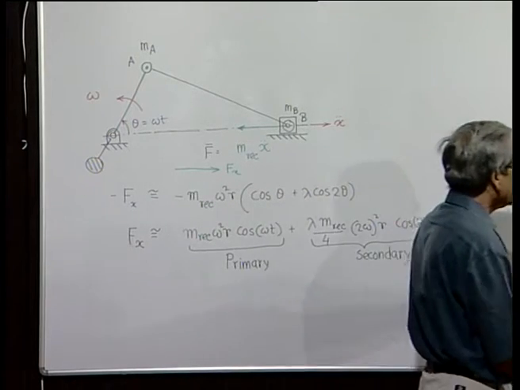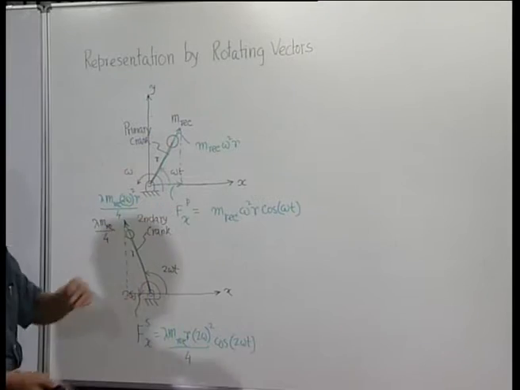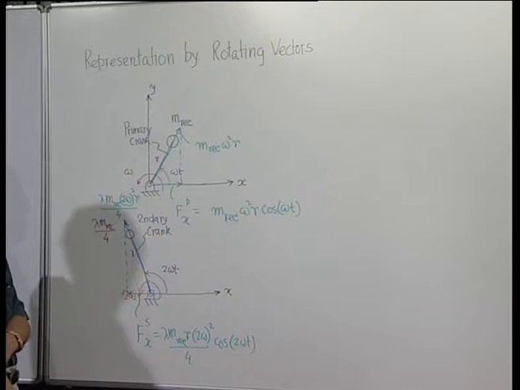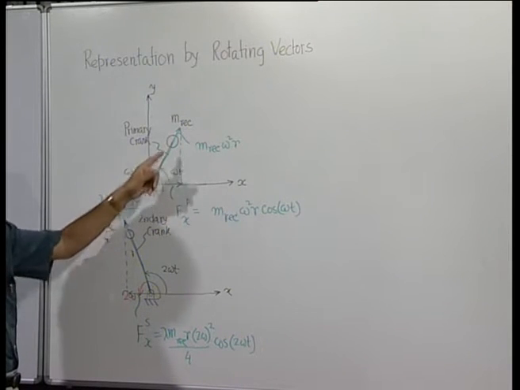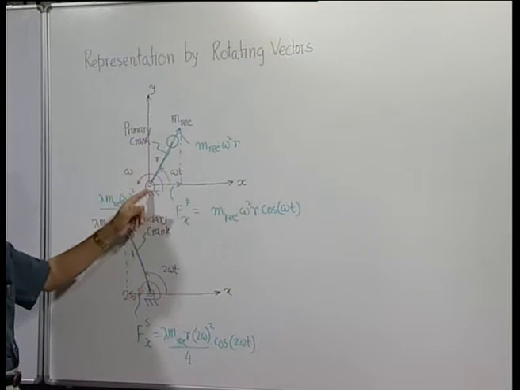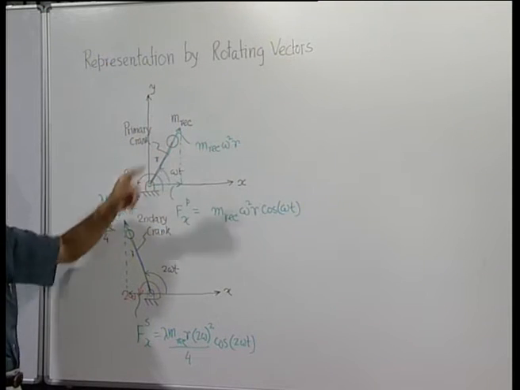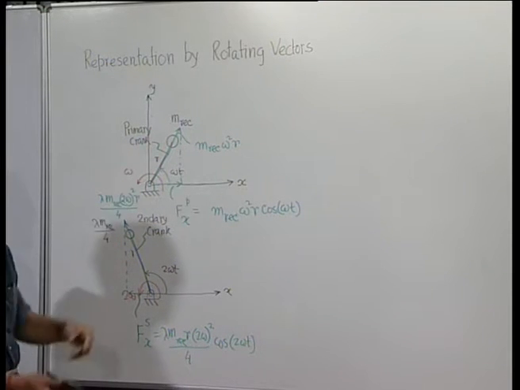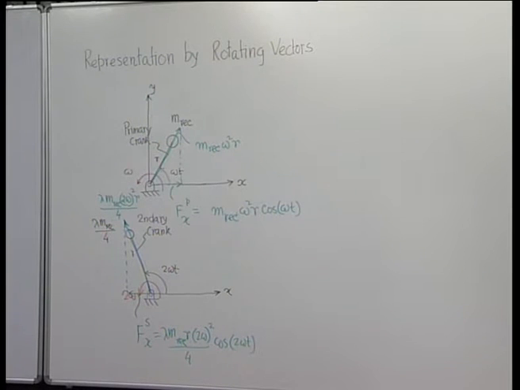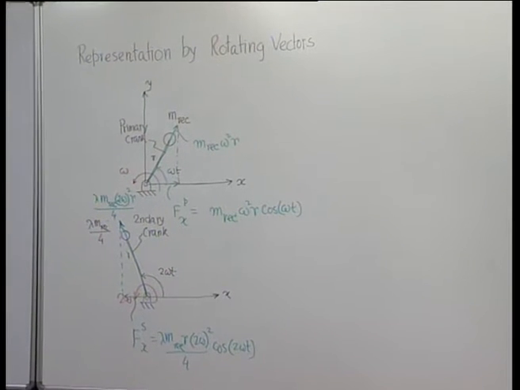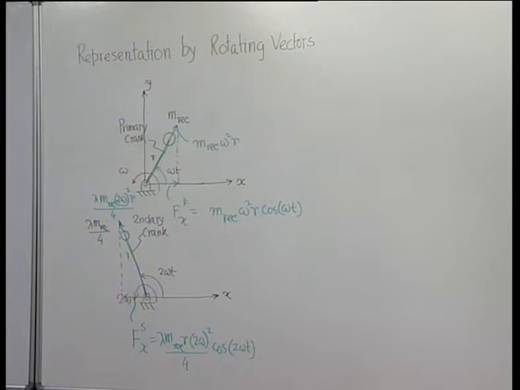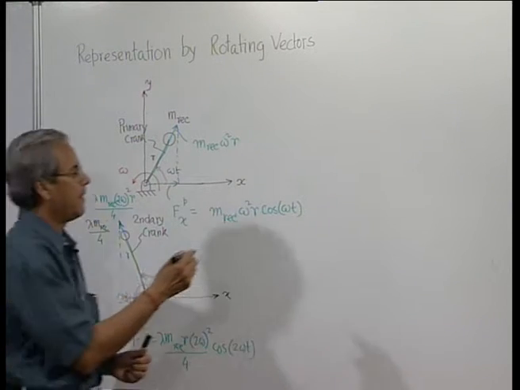Now, for balancing these forces, what we can think now is that if this force is being produced as a component of the force produced by this rotating mass, then what happens if we put a counterweight to this?